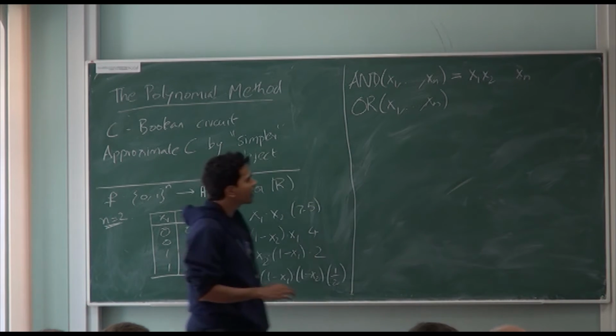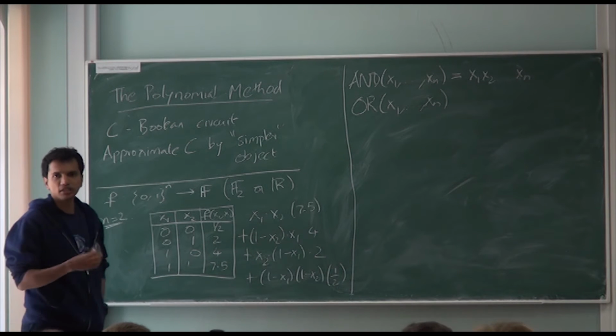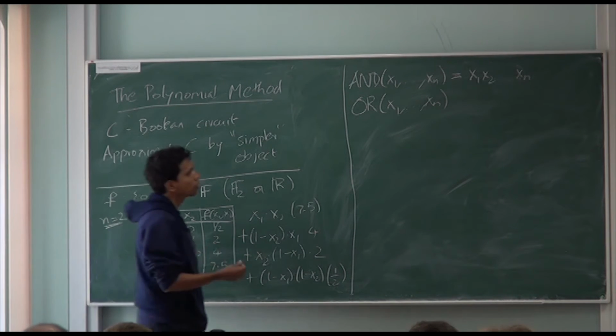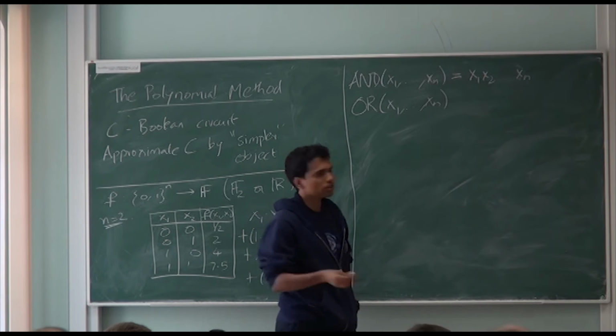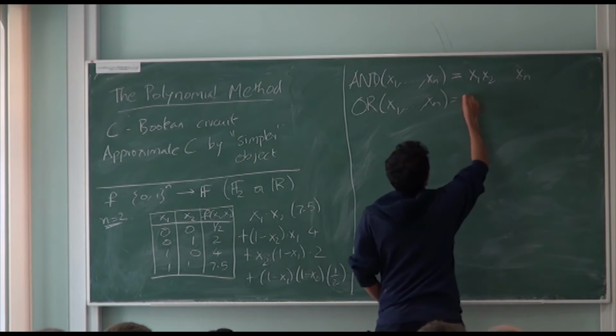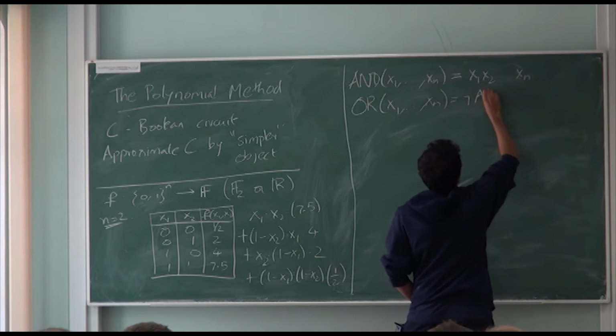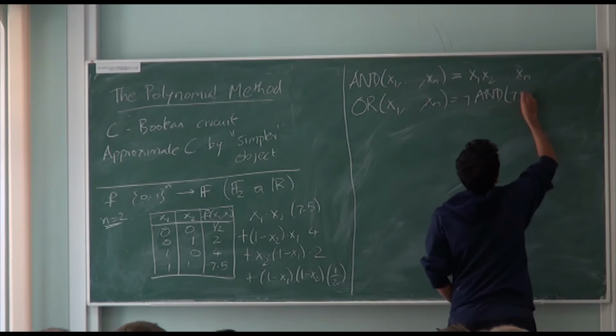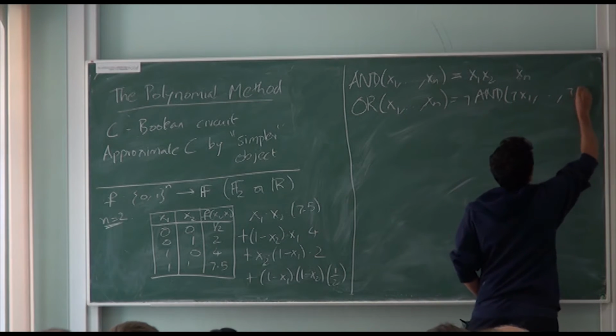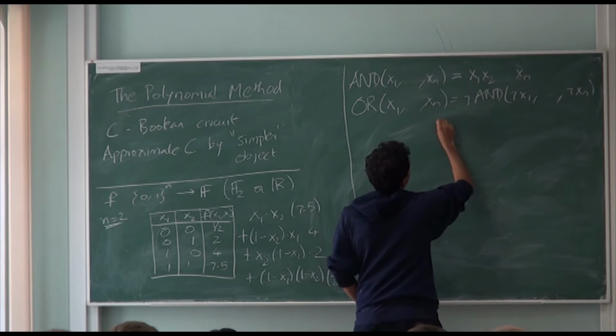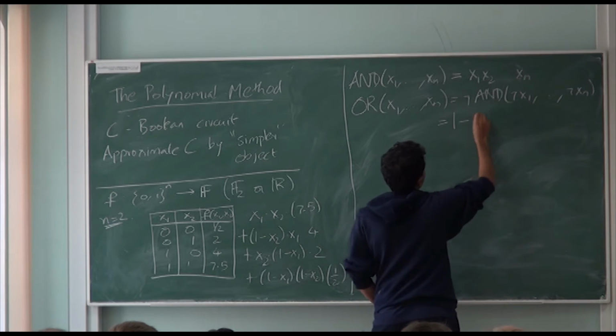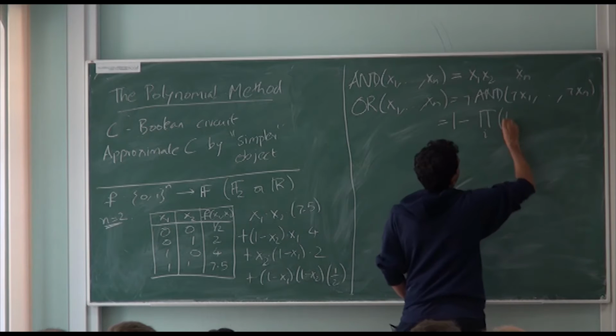Okay, so how do I write the OR as a polynomial? Any guesses? Right, so you would use, I guess, De Morgan's laws, right? You would write it as not, which when translated in the language of polynomials would say something like this.